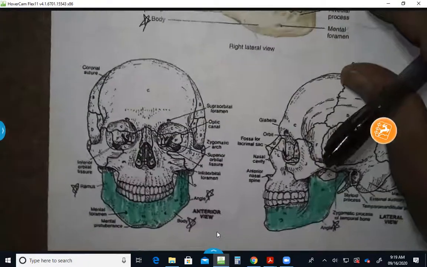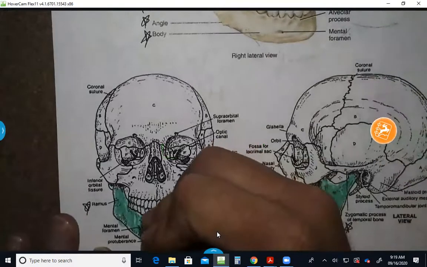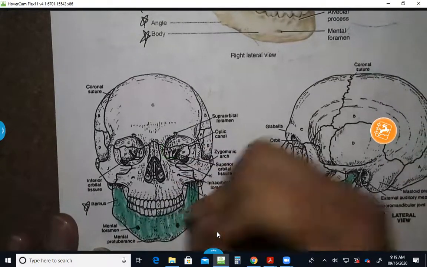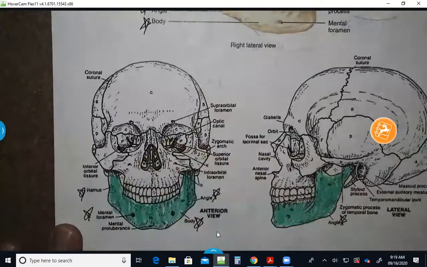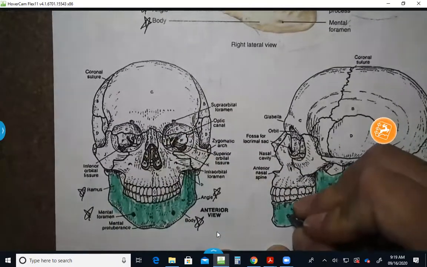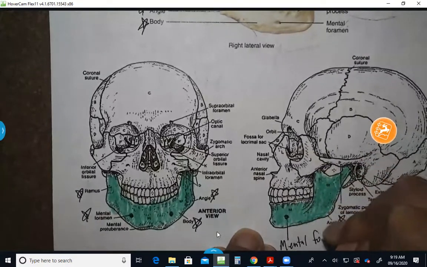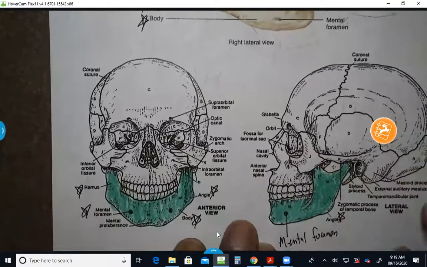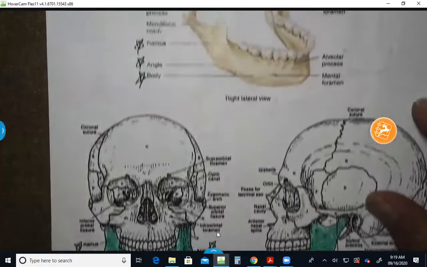Okay, next, listed there under the angle, are the little holes in your chin, each of which is called a mental foramen. They didn't label it over here on our lateral view, so I will. Mental is a term that refers to your chin.